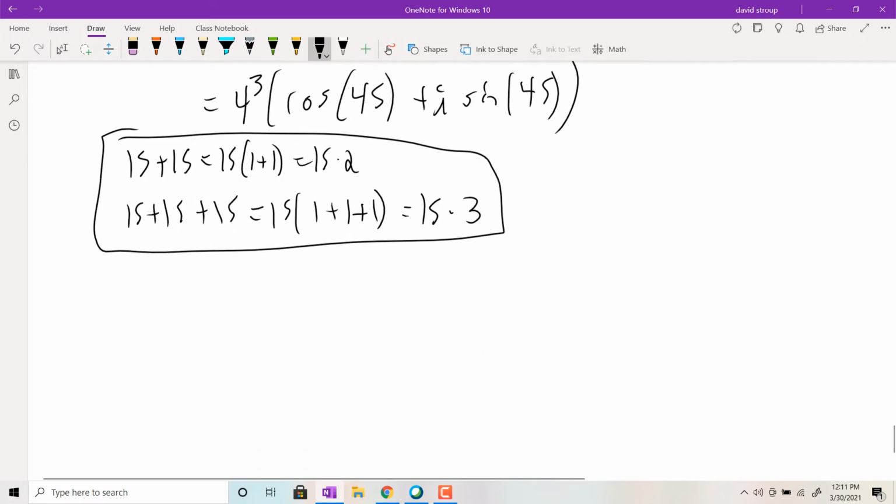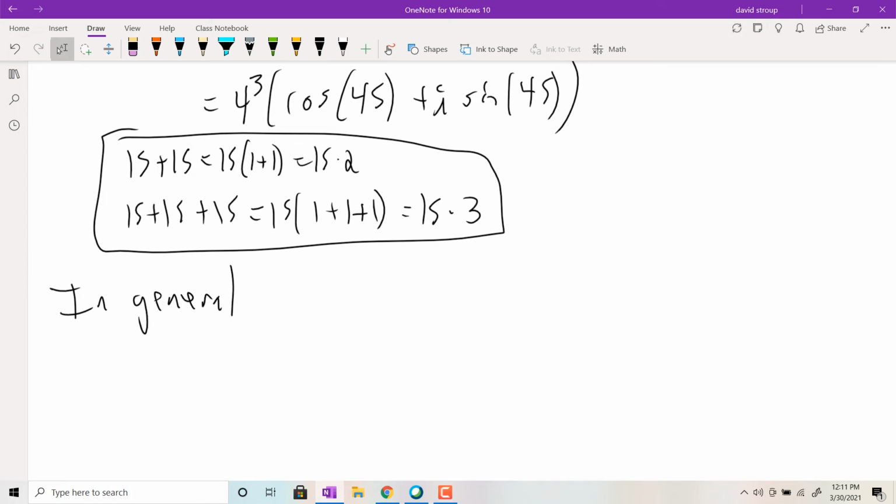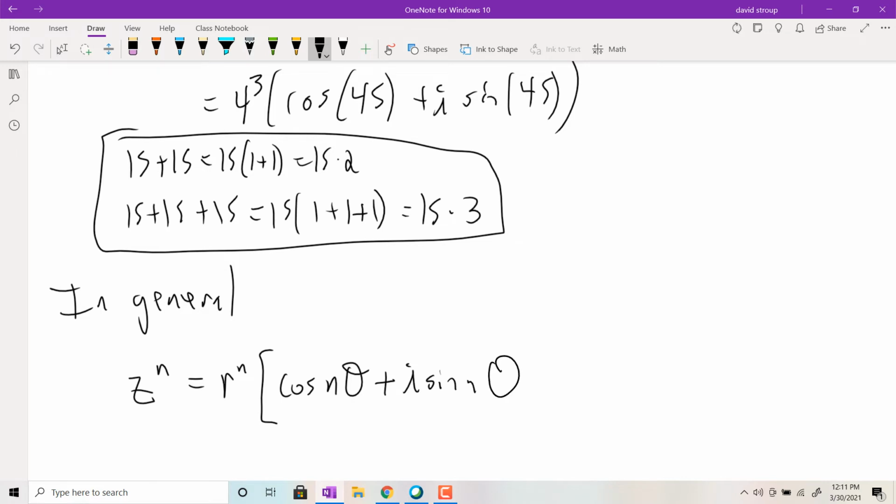So what is the pattern? In general, then, our pattern for taking some z and raising it to some power, like n, you're going to end up with r to the n times cosine of n times theta plus I sine of n times theta.